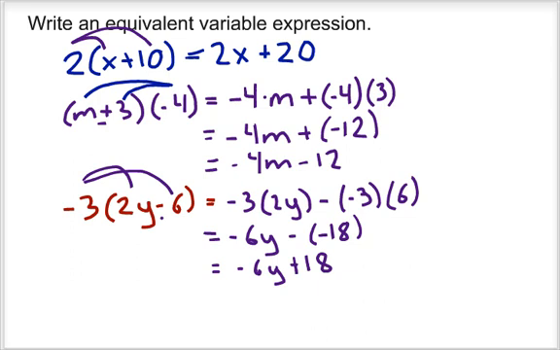The place most students will go wrong on this is that you'll look at it and you'll go, negative 3 times 6 is negative 18, so you're going to do negative 6y minus 18. And you'll forget that this is a subtraction problem, so we already have that minus a negative 18.